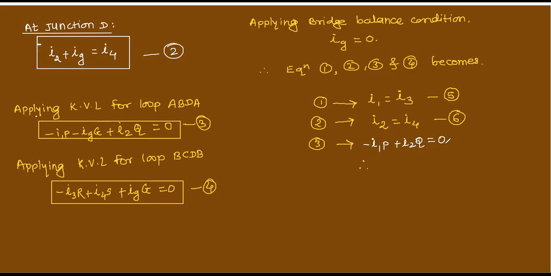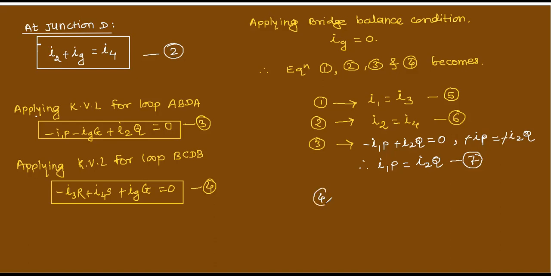Therefore, if I transfer this term to this side, what am I getting? I1P is equal to I2Q. If you want one more step, you do like this: minus I1P is equal to minus I2Q, and then the minus signs cancel, you will get I1P is equal to I2Q. Call this equation number 7.